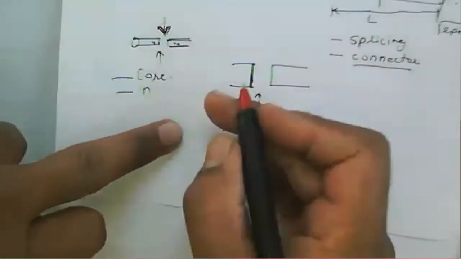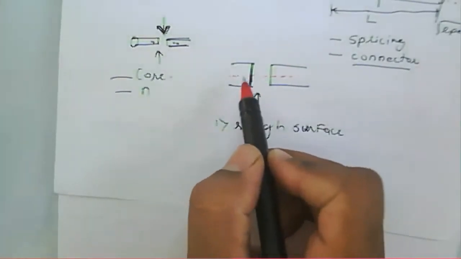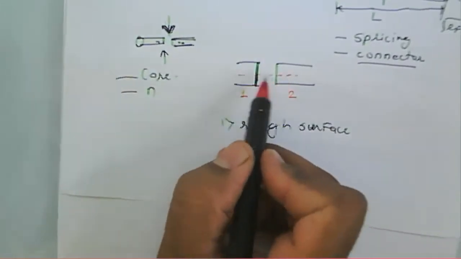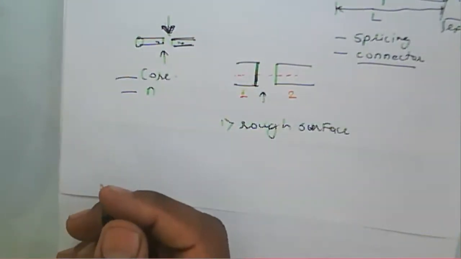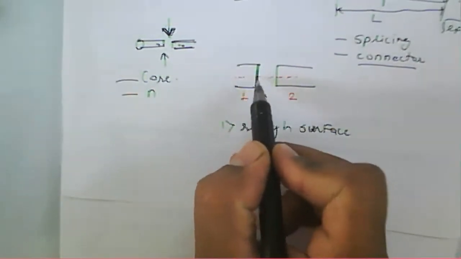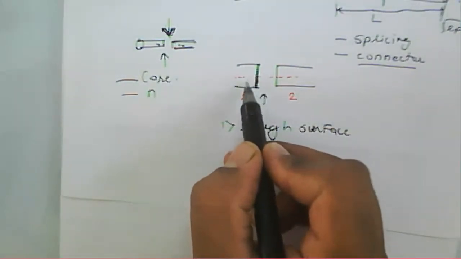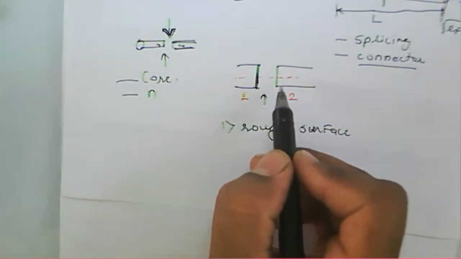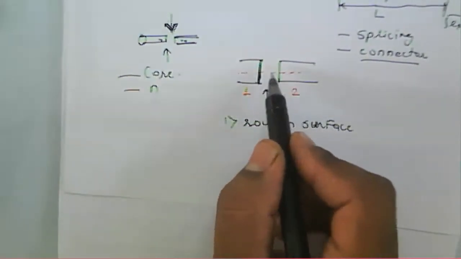Another thing is, when we have a given fiber, if the axes of fiber 1 and fiber 2 are not matched, then mode coupling will be difficult. That's why these two fibers should be perfectly aligned, with fiber 1 and fiber 2 matching their axes. Okay, then the signal will propagate through the fiber.